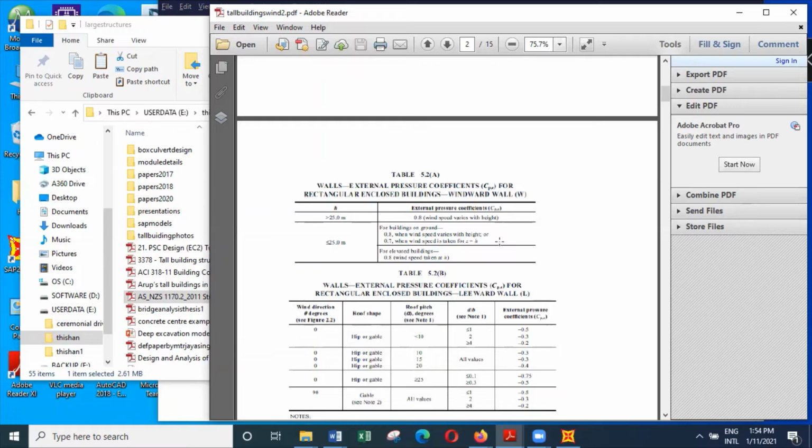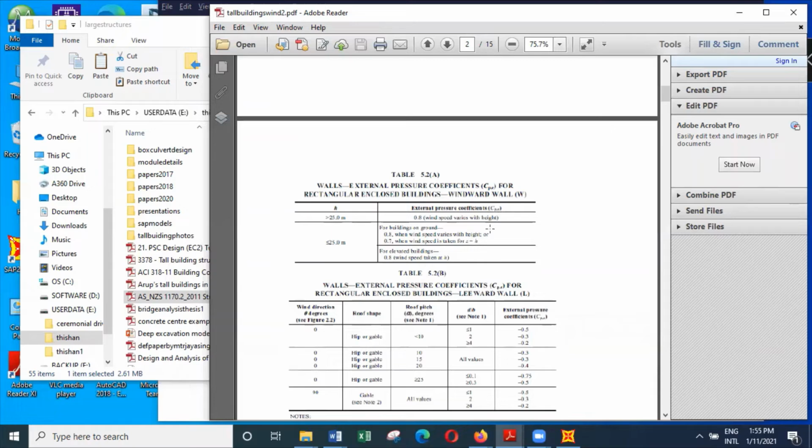When you know the design wind speed, we can find the design pressure, and when you know the coefficient that can relate the pressure to the force, you can actually calculate the force as well. Because for our structural analysis, we need the force. So here you can see the external pressure coefficient, CPE, for rectangular enclosed buildings. This building is enclosed.